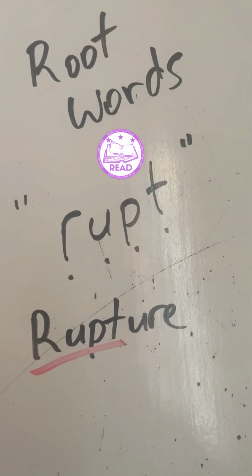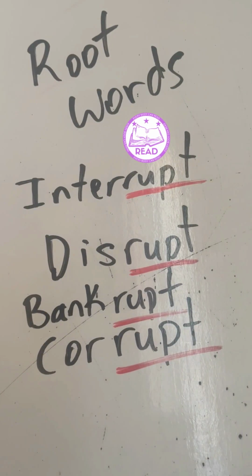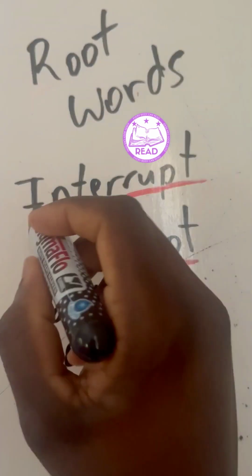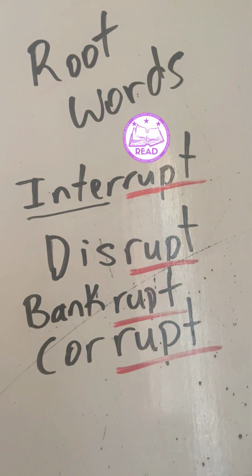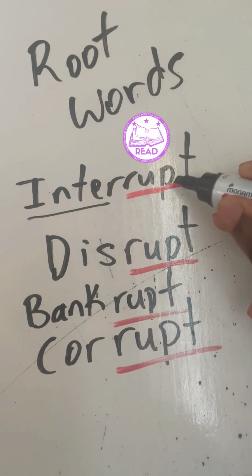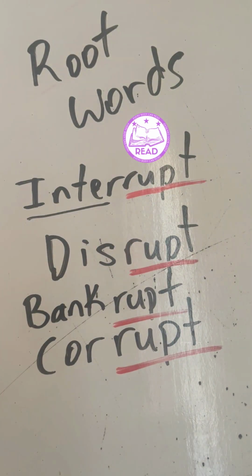Let's take a look at this word, rupture. Does it give us the idea that something is broken or fractured? I think it does. Now look at these words, right? This part of it is a prefix. So now we've added a prefix to a root word. Now the meaning of the word is going to change, but it still will give us an idea of what the thing is because of the base root word.